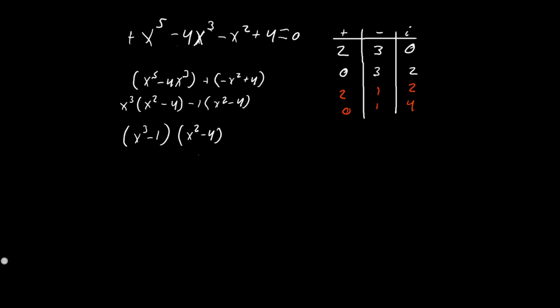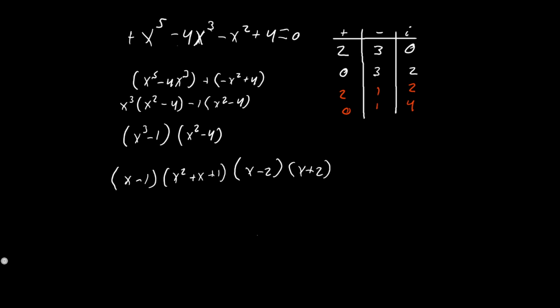So we're going to factor out our equation here, and we are going to get x minus 1 times x squared plus x plus 1. And we're going to have x minus 2 and x plus 2.